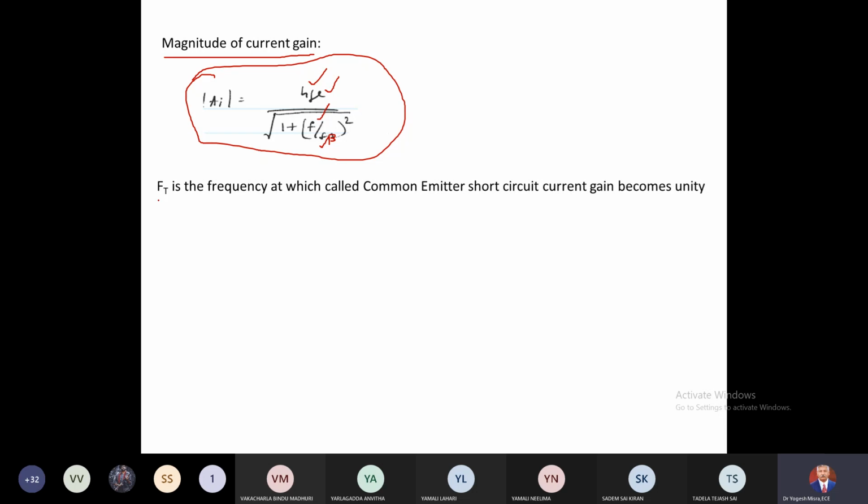And there is another term, ft. It is the frequency at which the common emitter short circuit current gain becomes unity. When the short circuit current gain becomes unity, at what frequency this happens, that is your ft.